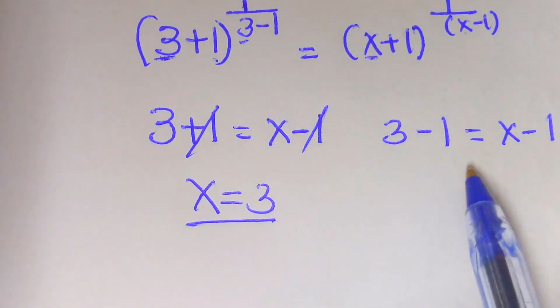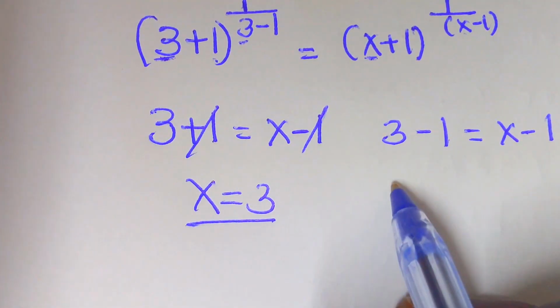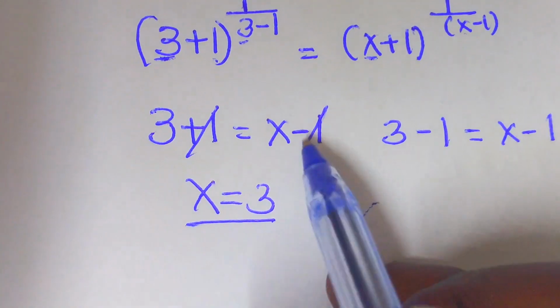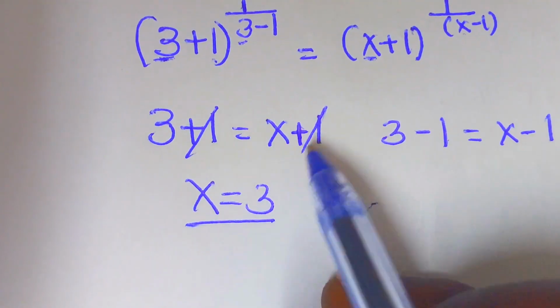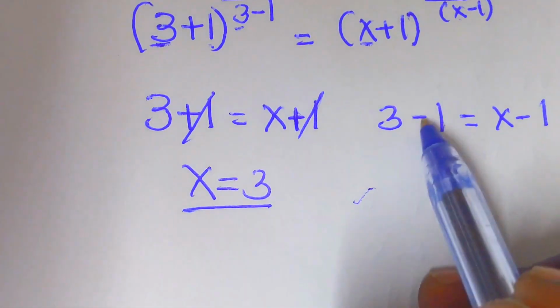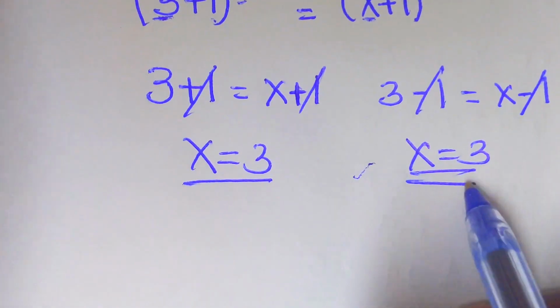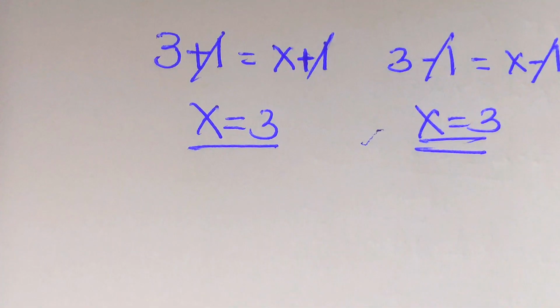Right here, this is what we have. Because we have numbers here, we have x plus 1. Now this one cancels to give x equals 3, which means our answer is equal to 3.